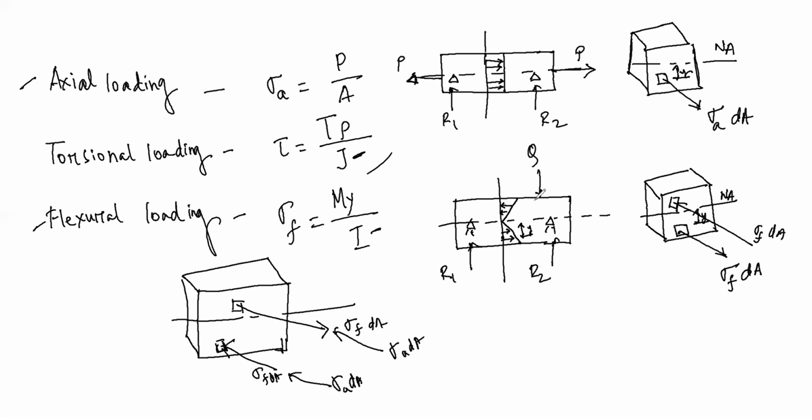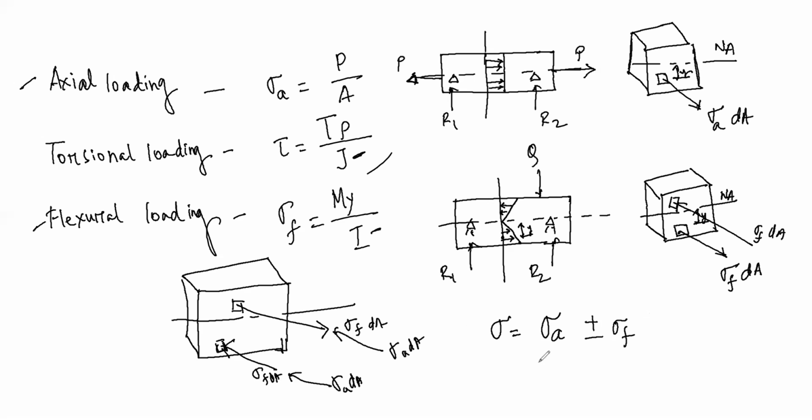Okay. So in case of combined stress, both axial stress and flexural stress will remain present. So in total, there will be sigma, which will be equal to sigma axial load plus or minus sigma flexural load.